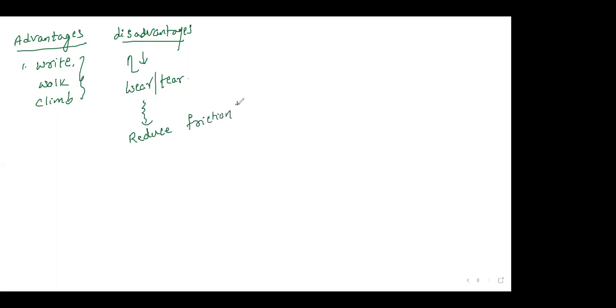So name the methods to reduce the friction. You can convert all friction to what type of friction? Static friction? No. Static friction is more. You have to convert all the friction to rolling friction because rolling friction is less.